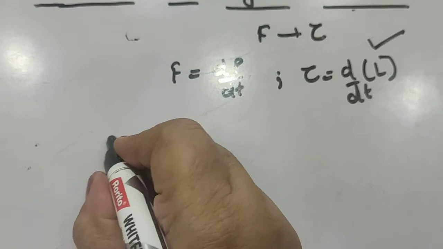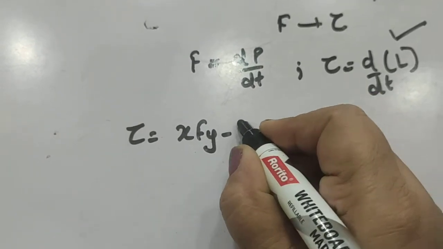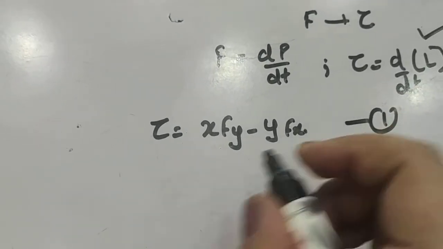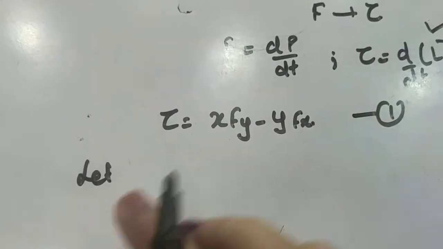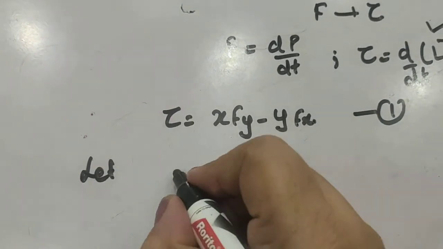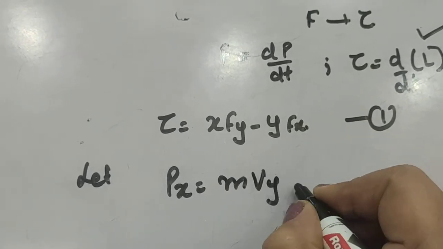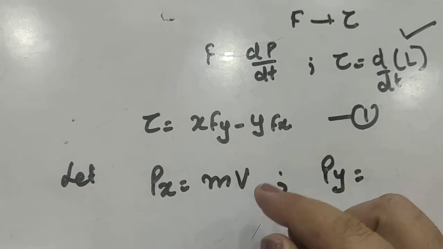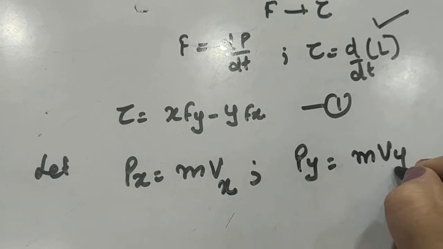Now we know that torque is equal to xFy minus yFx. Give it number 1. Since we need to find the expression in terms of momentum, we will use the expression for momentum. Let px is equal to mvx, and py is equal to mvy.